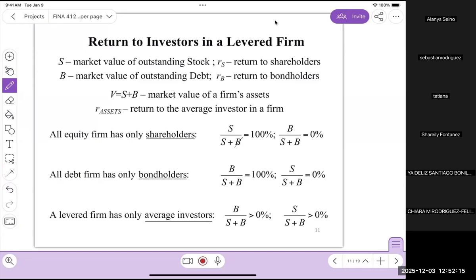And the share that is debt for an all debt firm, so there could be a firm that just issues bonds, and in that case, it's 100% debt and no equity. But in general, we have a levered firm that is part debt and part equity, non-zero in both cases. And these are the relative weights of debt and equity.